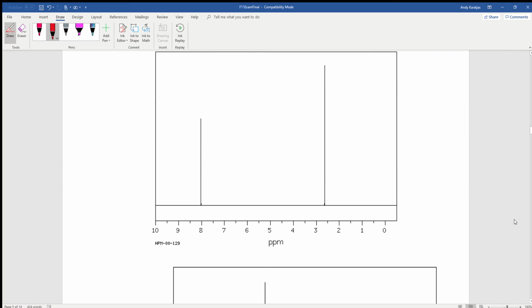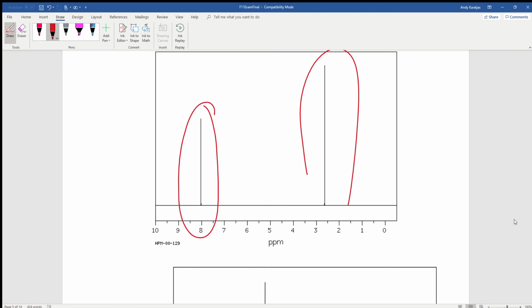Now the proton NMR, especially for a molecule that has 10 hydrogens in it, may be a little bit surprising. We only have 2 peaks here. Both of them are singlets. But that does still give us a lot of information about this molecule. Based on this peak being around 8 ppm, we almost definitely have an aromatic ring.